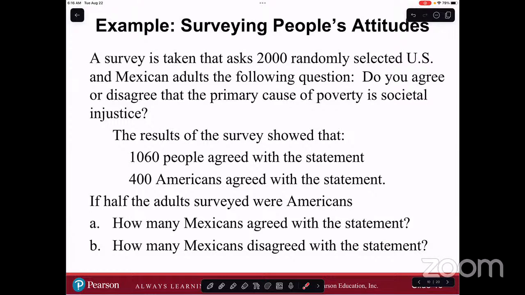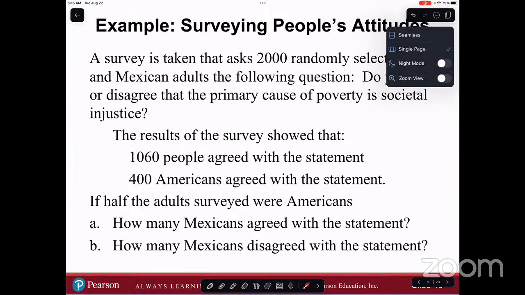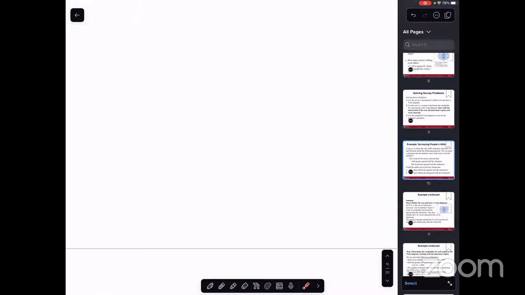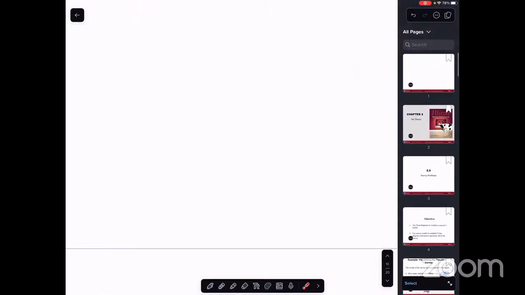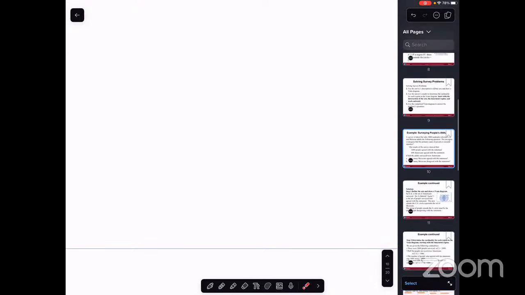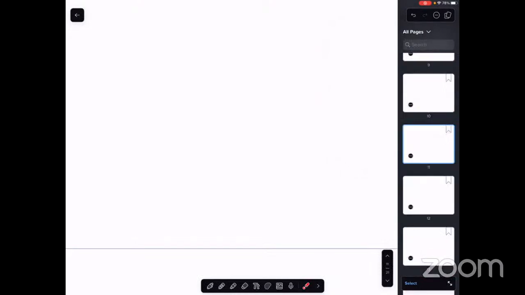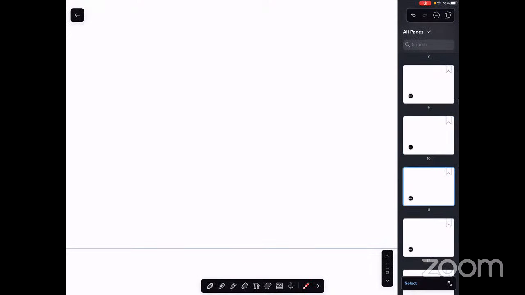Let's change this to seamless, and I need a blank page. I want to continue the format. This is page 10. Let's copy. Let's just go back.